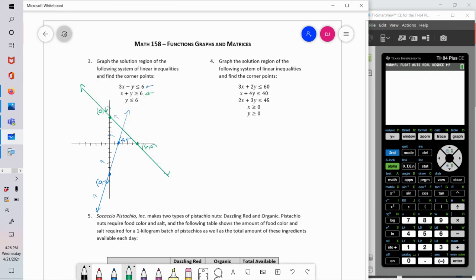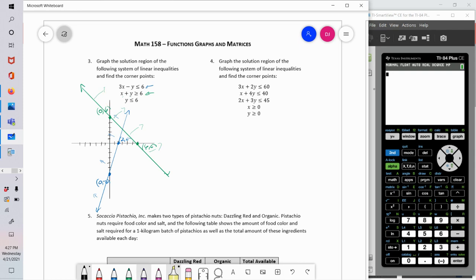Arrows. If we go to shade toward the origin or away, we put 0 in for x and 0 for y. Is 0 plus 0 greater than 6? No, so we're going to shade away from the origin. So the only part that's been shaded twice is this region in here so far.